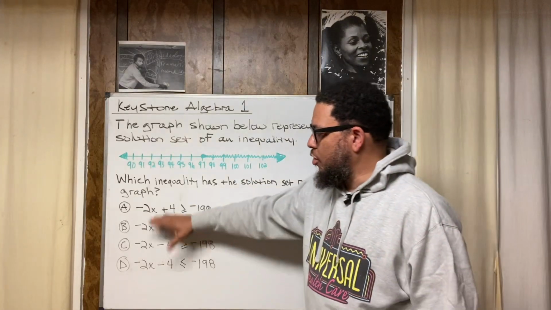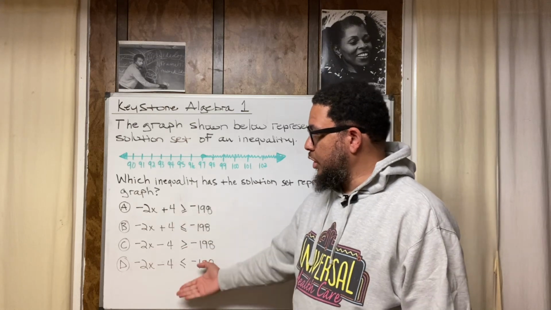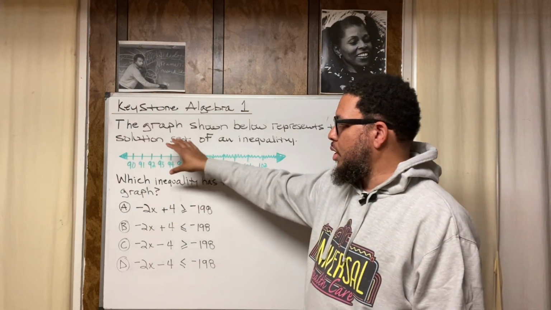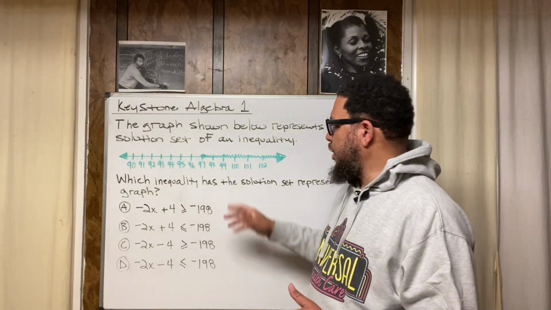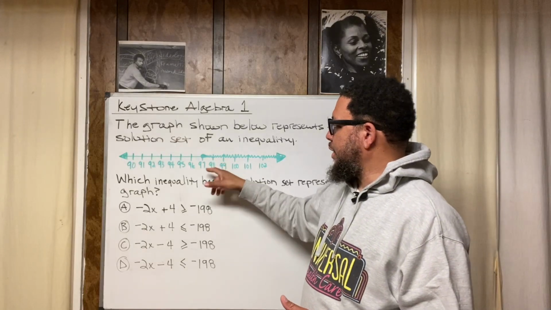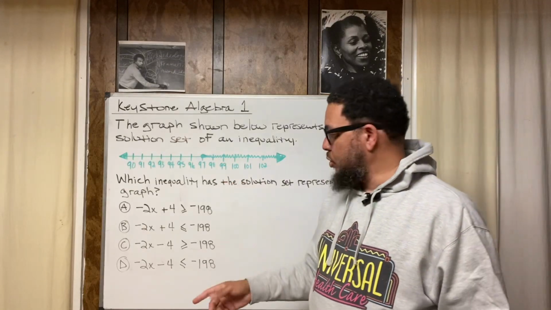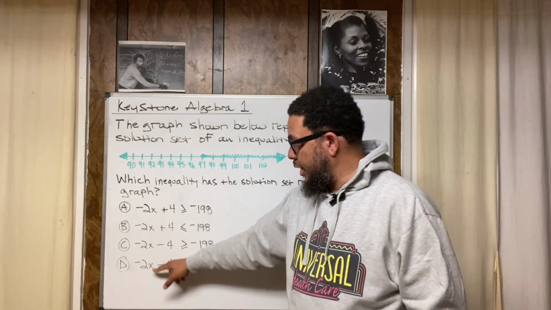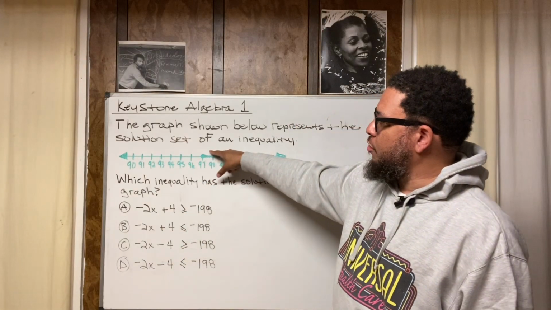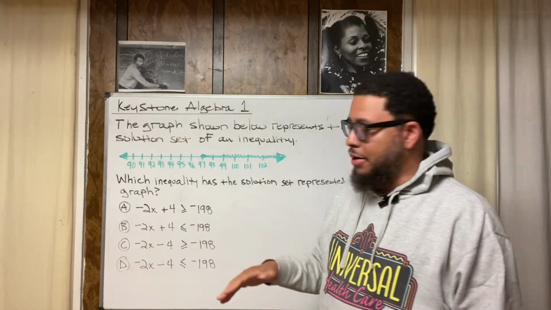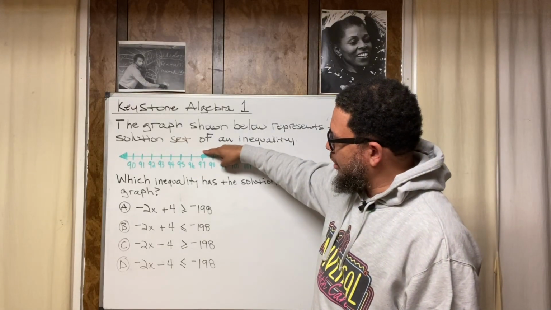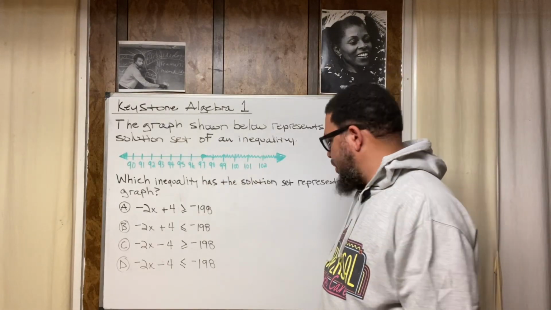What they're doing is this: they want you to figure out which one of these, if you solved it, would be equivalent to what's graphed up here. First things first, you need to understand that x is the variable that we're using, and x represents all the values that are shaded in. So 97 is shaded in, and everything bigger than 97 is shaded in.